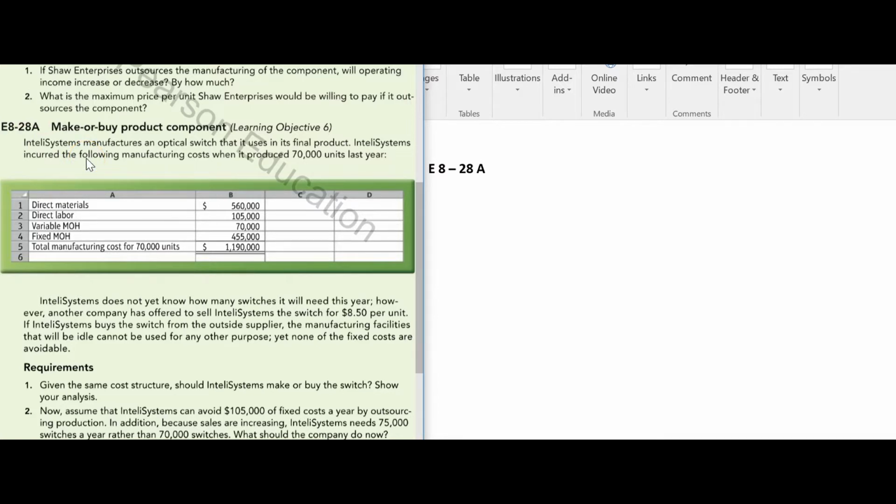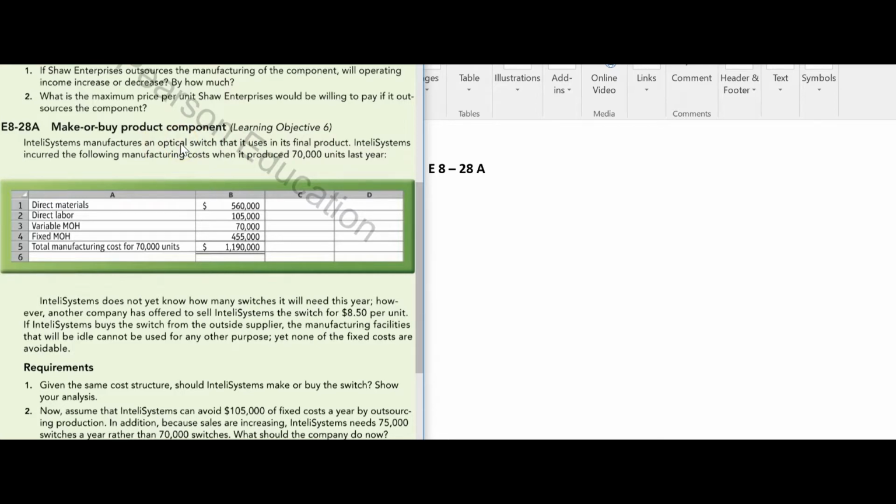So let's read the problem first. IntelliSystems manufactures an optical switch that it uses in its final product. IntelliSystems incurred the following manufacturing costs when it produced 70,000 units last year. So they actually need one optical switch for their final product. Remember, this optical switch is not the final product.